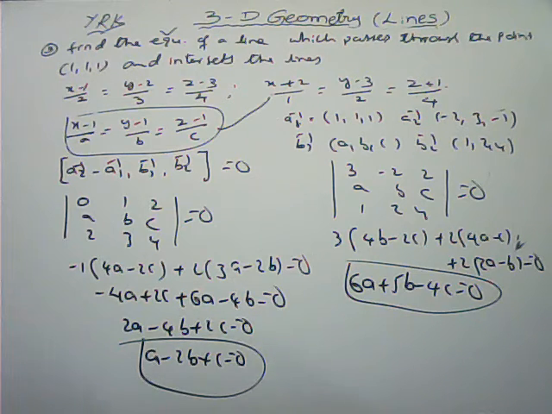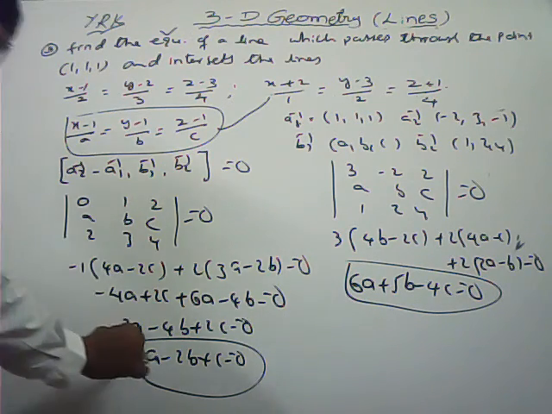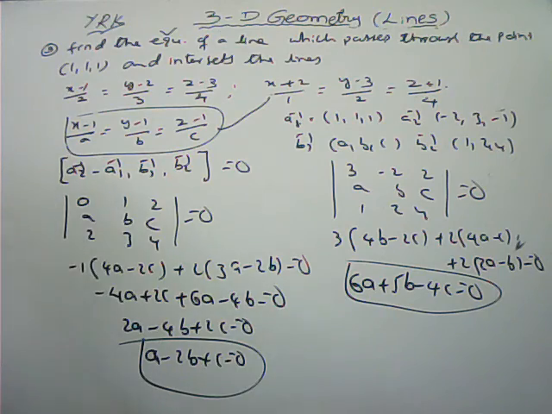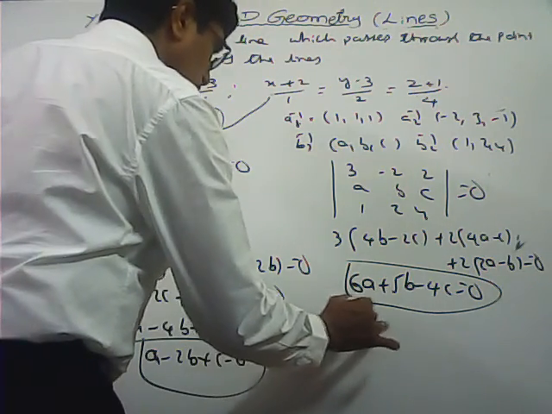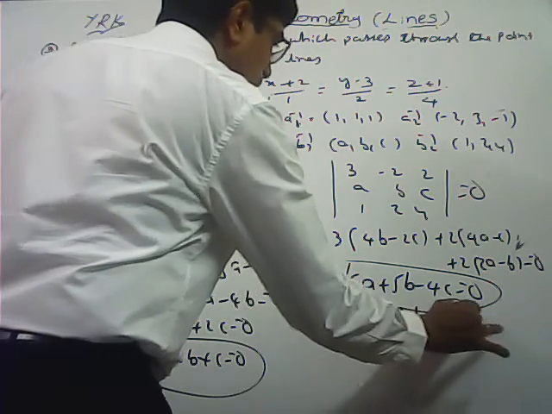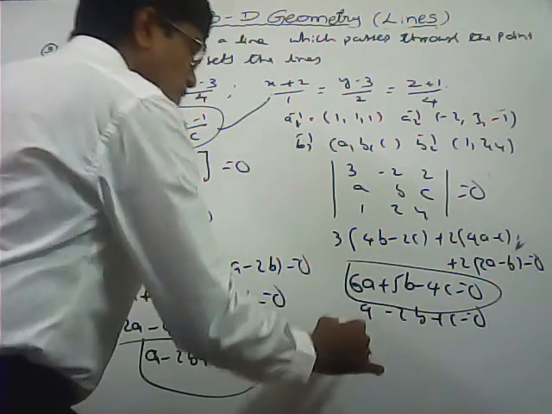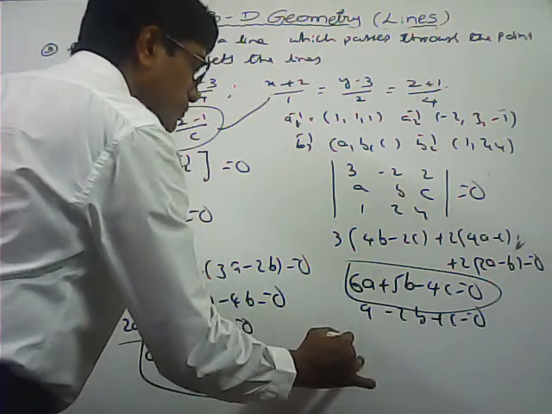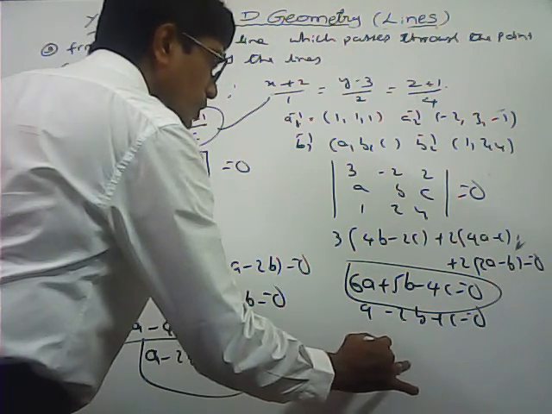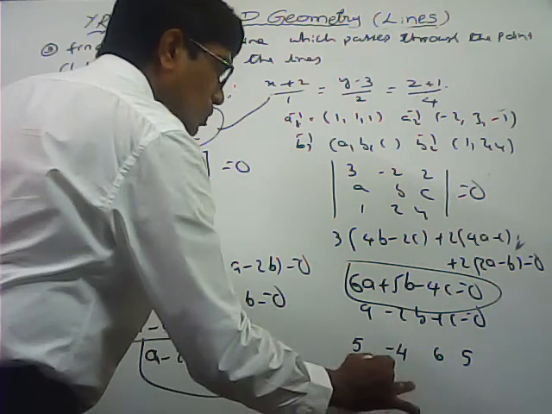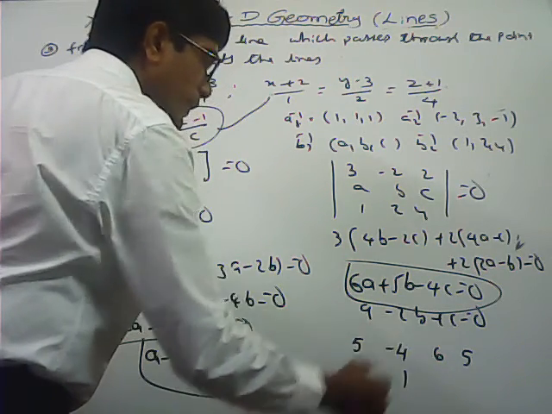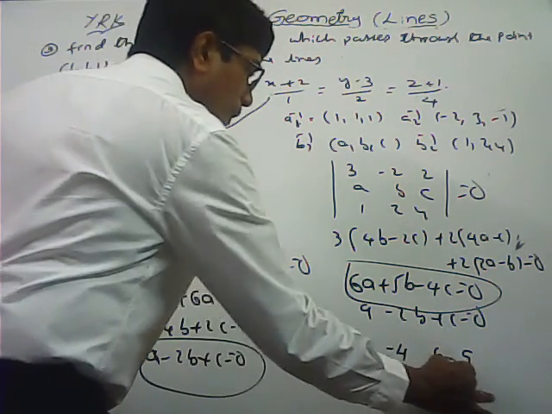Here we know how to solve linear equations in 2 variables by using the formula. Here also I am doing the same method to find the ds. Solving these two, a minus 2b plus c equals 0, writing the coefficients, first you can start with b: 5 minus 4, 6 5 minus 2, 1, the a b c coefficients I am writing 1 minus 2.